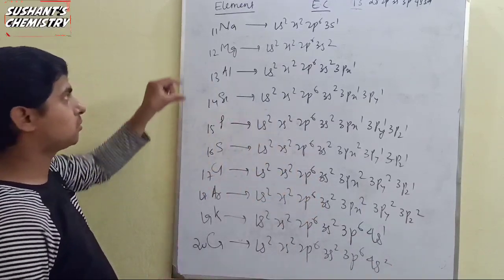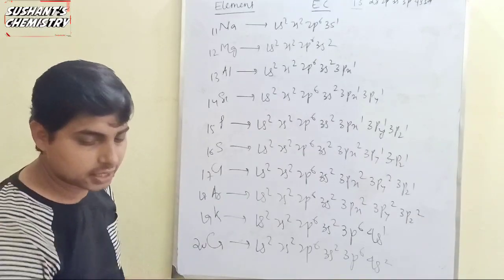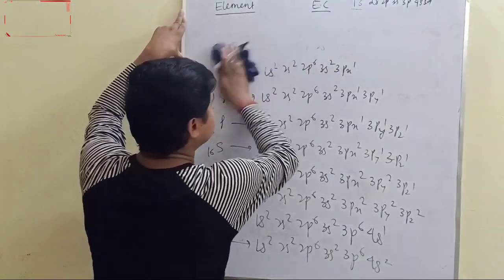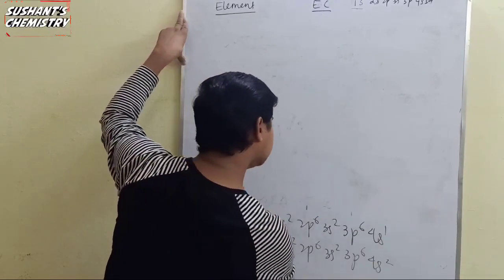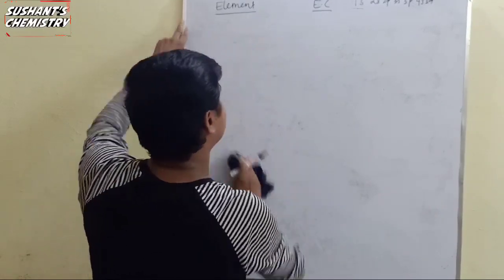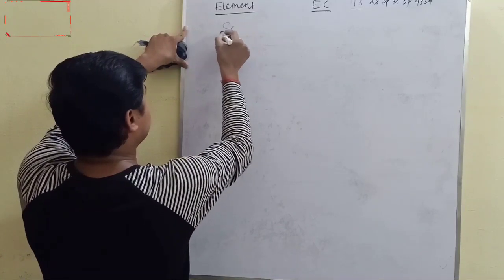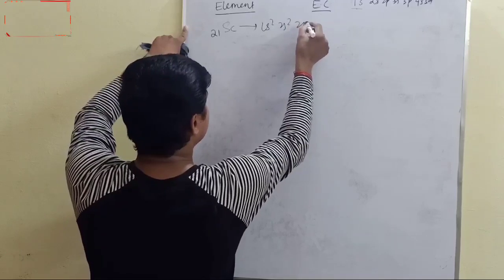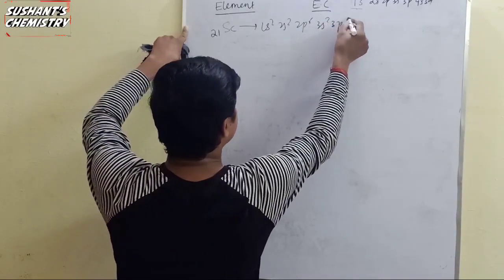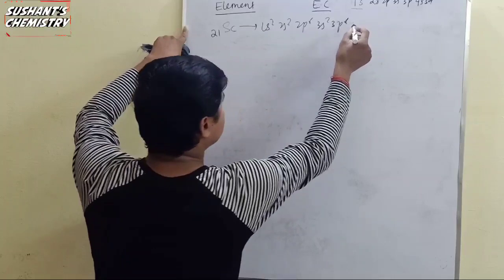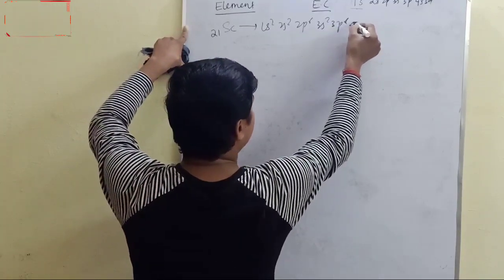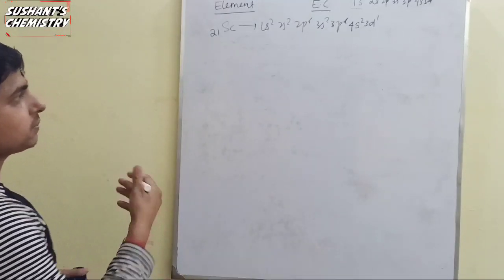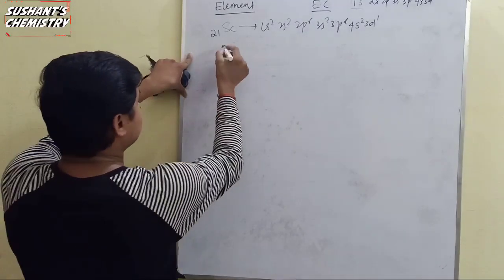This is the configuration from sodium to calcium. Then from scandium to zinc. Scandium 21, that is 1s2 2s2 2p6 3s2 3p6 4s2 3d1, that is 4s is filled before 3d.